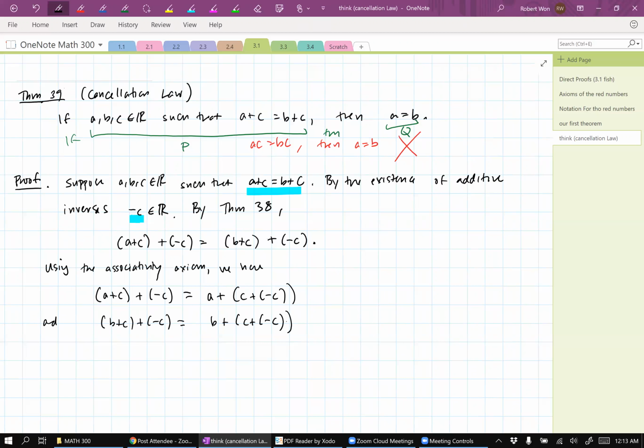Okay, now what I can do is use the substitution axiom twice, right? I can substitute this expression in for this expression here, and I can substitute this expression in for this expression here without changing the truth value. So by the substitution, A plus (C plus negative C) equals B plus (C plus negative C).